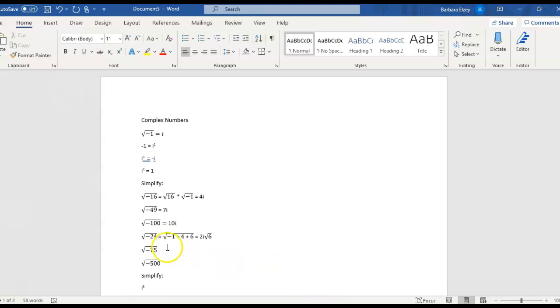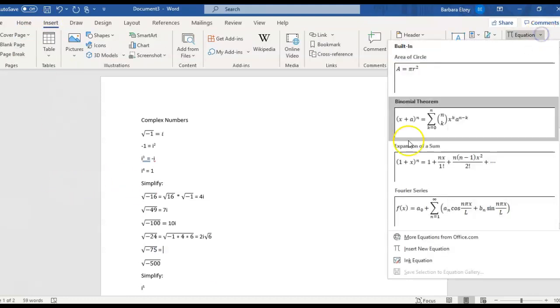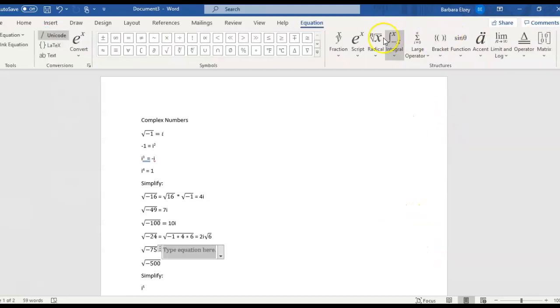So let's do the same thing with -75. So if we break up -75, it's -1. And if we start thinking about something that multiplies to give me a perfect square, well, we have 25 times 3 that gives me 75.